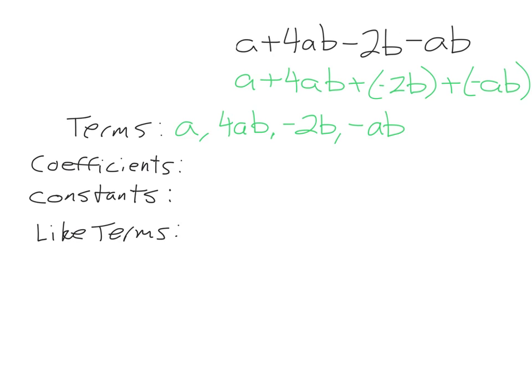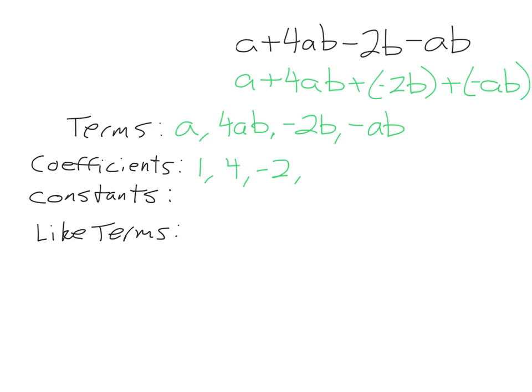Now our coefficients, this one's a little trickier. Our first term here, notice we have a, positive a, right? Since that's just one a, we say the coefficient is 1, because 1 times a just gives us a. 4ab, our coefficient is 4. Negative 2b, our coefficient is negative 2. And with negative ab, because we have this negative ab, that means we must have taken ab and multiplied it by negative 1. That's how we got a negative sign on it.